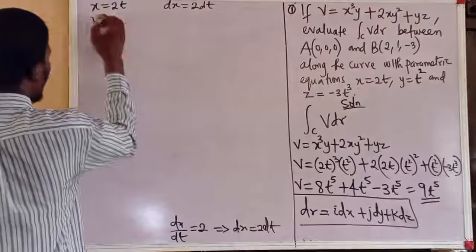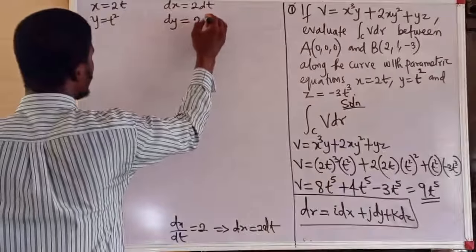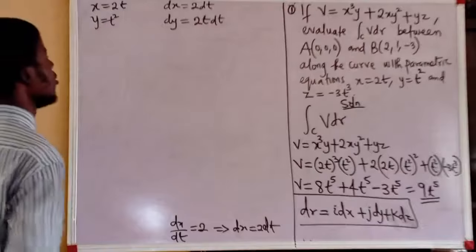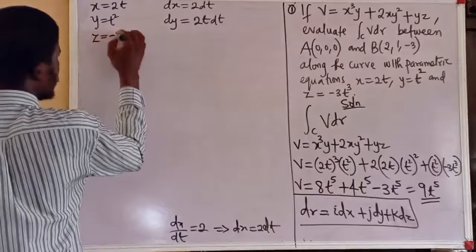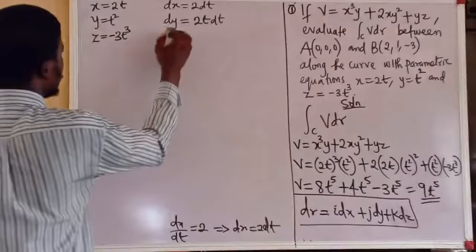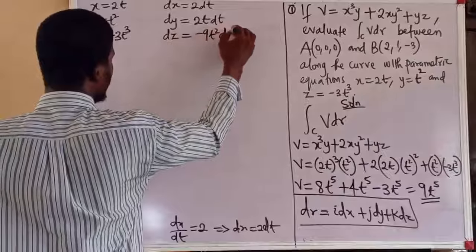We have y equal to t squared. So dy will be equal to what? 2t dt. Differentiate t squared with respect to t, you have 2t. z is what? Minus 3t cubed. So dz is minus 9t squared dt.